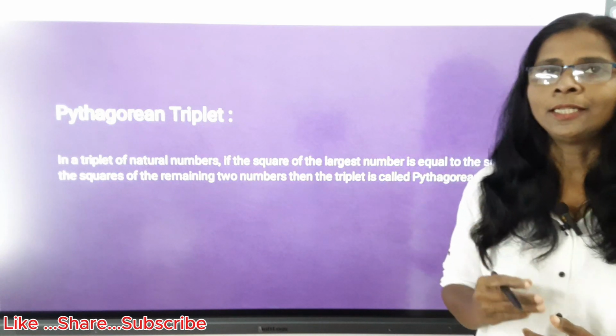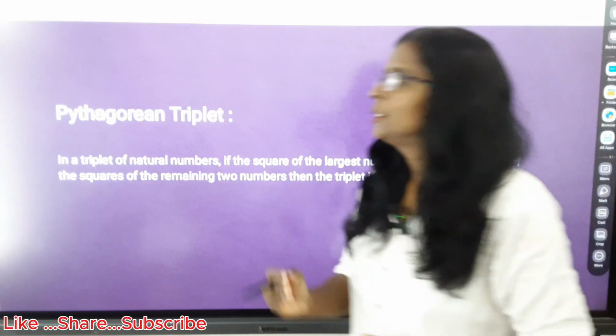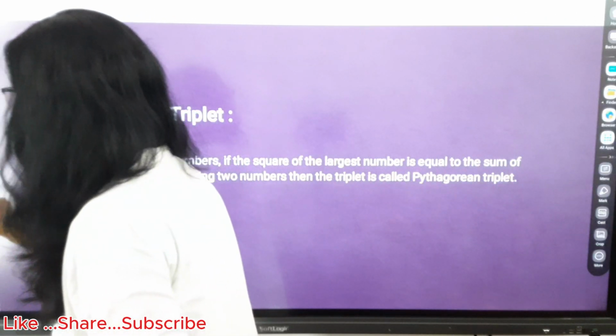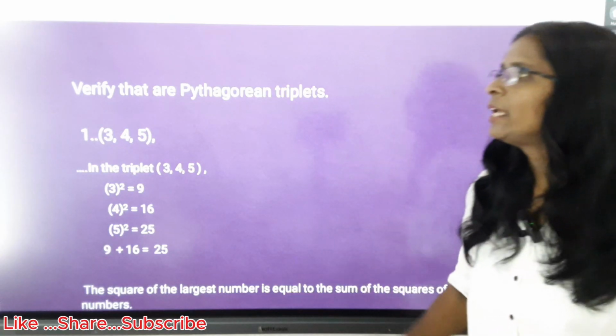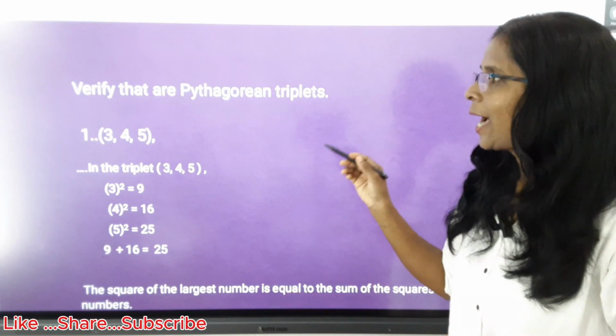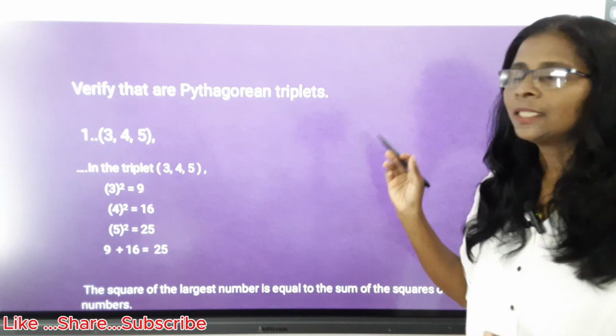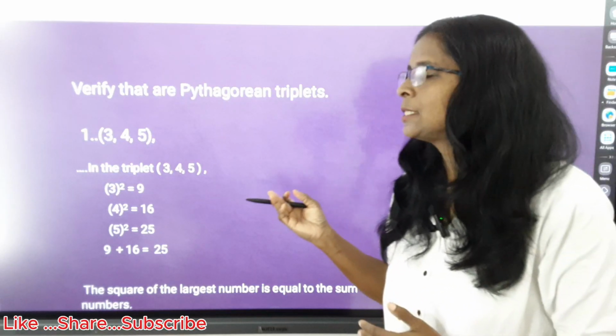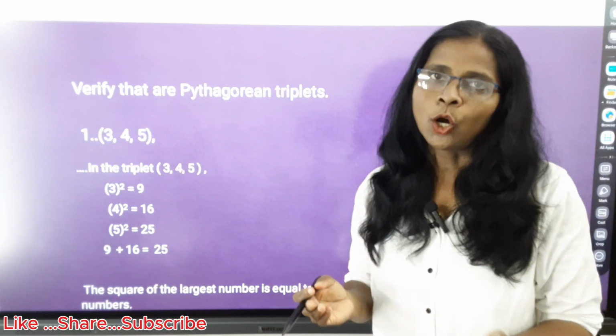Let us study this by giving an example. Verify whether the given triplet is a Pythagorean triplet or not.